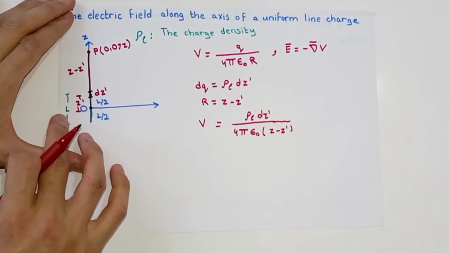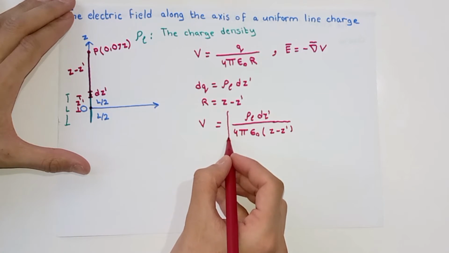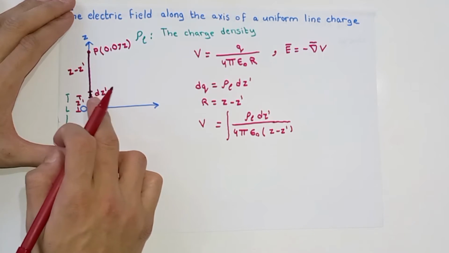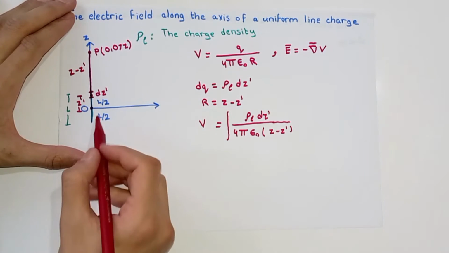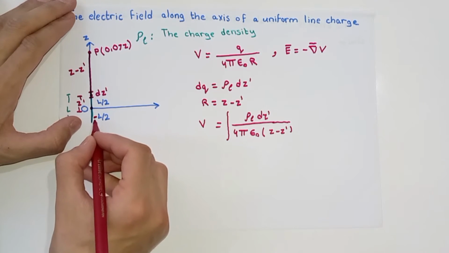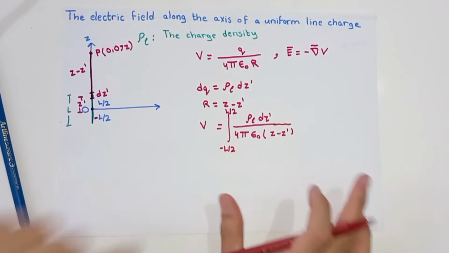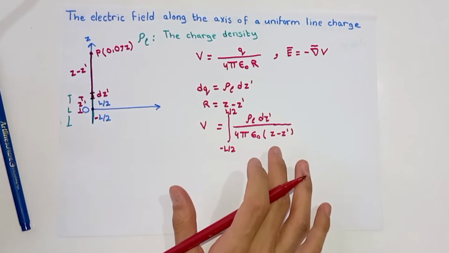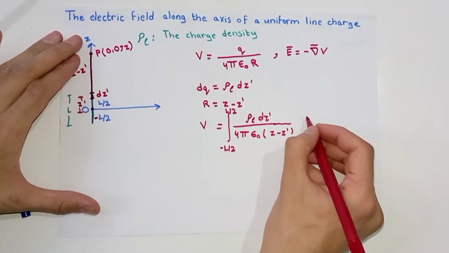In order to find the potential due to the whole line, we want to take the integral with respect to this small differential line, dz primed, and the limits are going to be between minus L over 2 and L over 2. Now let's apply the integration, but before that, we are going to take all constants out of the integral.